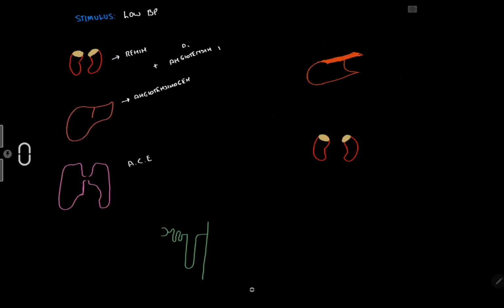Now angiotensin 1, on contact with this enzyme, this ACE, angiotensin converting enzyme, will turn A1 into angiotensin 2. So the ACE within the lung tissue will turn angiotensin 1 into angiotensin 2.